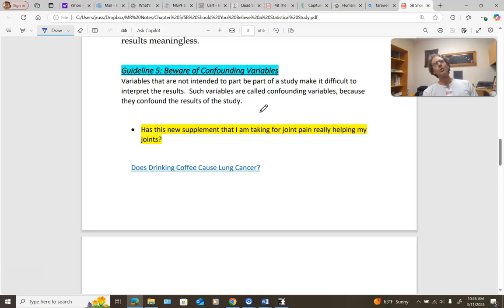When we're talking about the world of supplements, it is a multi-billion-dollar industry. A person starts taking a supplement and feels like they're feeling better. Well, how do we know it's due to the supplement or it's simply the placebo effect? They're taking something they feel is going to make them feel better, and consequently they feel better.